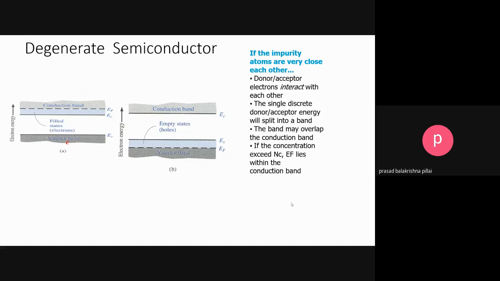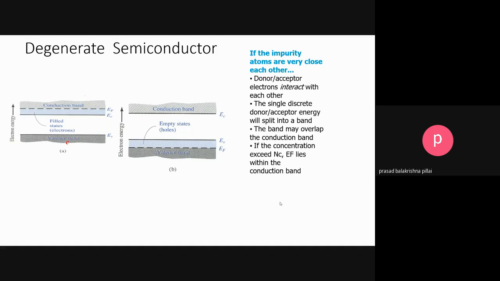So if it is heavily doped, then we say it is a degenerate semiconductor. Later on, we'll be seeing one thing. As far as the energy band diagram is concerned, we have seen that the intrinsic Fermi level is in the middle. When you dope it with n-type impurity, the Fermi level of the n-type material will be very close to the conduction band.